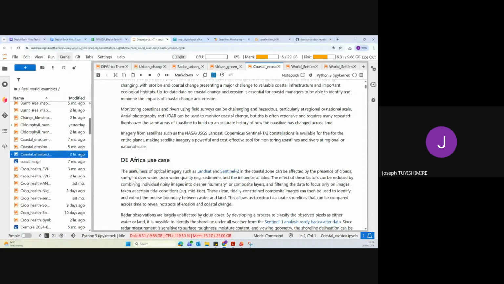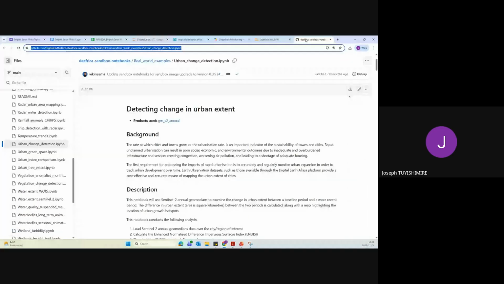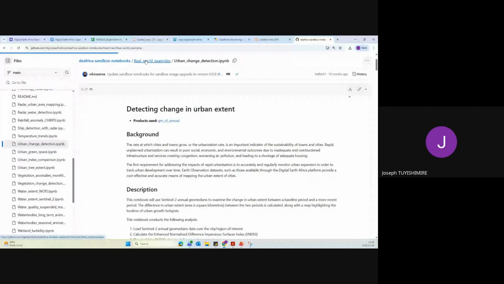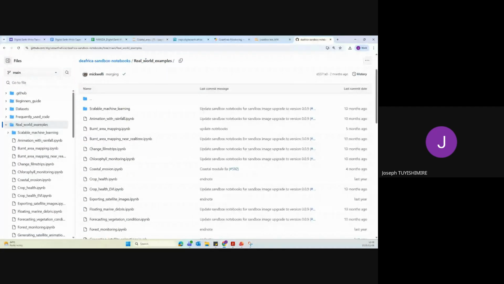Someone is asking a question whether these codes are for training purposes. Okay, thank you Samuel. These codes are available via the sandbox. They are also available via GitHub, for your daily or any use.